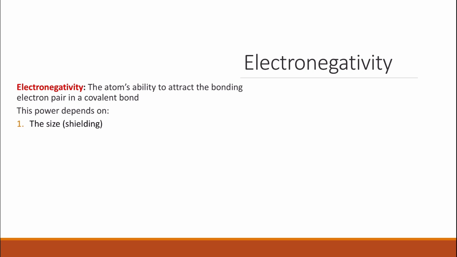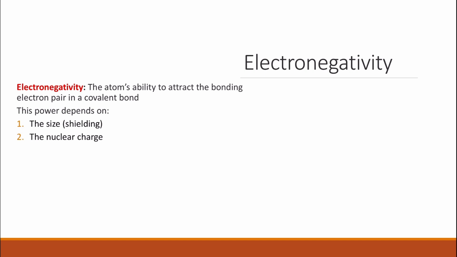The bigger the atom, the further away the bonded pair will be from the positively charged nucleus, and it will be shielded by the inner shell electrons. So the bigger the size, the lower the electronegativity.